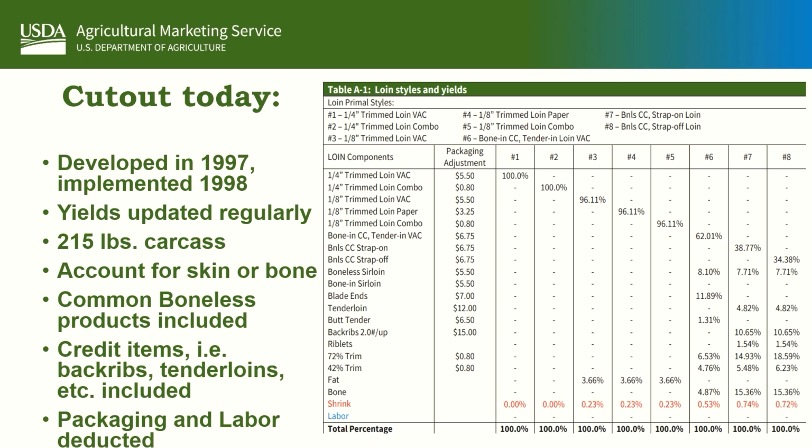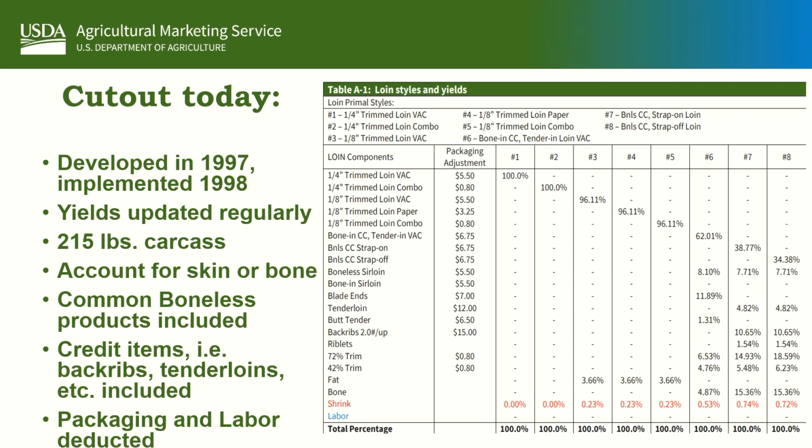The new way accounts for boneless product. It accounts for back ribs, tenderloins, and we take out the packaging and the labor. This is very complicated to some folks. To others, it's not. Some people think that we need to change it and dumb it down totally to nothing, down to one cut. But the problem is, as an industry, we produce all these other different cuts too.